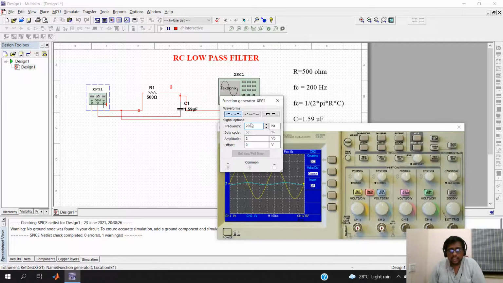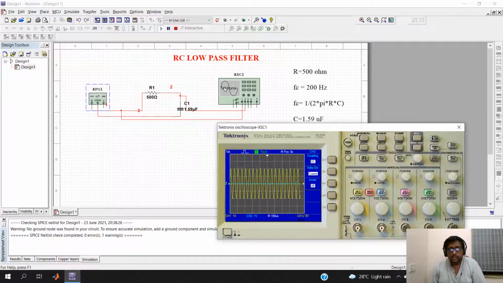Next, again I'll increase from 2000 to 20,000 hertz or 20 kilohertz. Let us see what will be the response. Now you can clearly see that there is a loss of signal. Input is there, but output, there is no magnitude. Magnitude is almost zero.